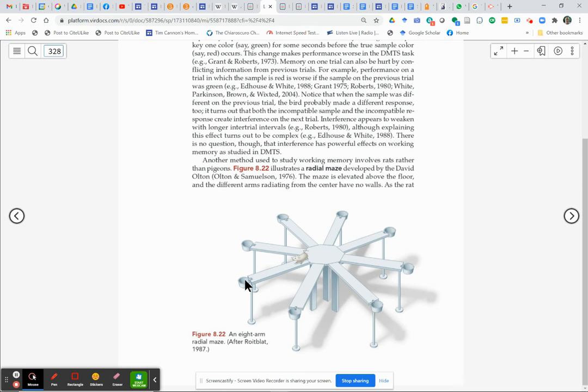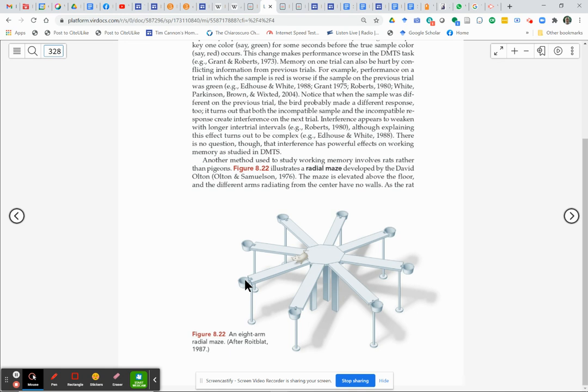Now, reference memory is: do you remember what happened yesterday, the day before, the week before? And that requires training. So we talk about arming certain legs in the radial arm maze, and consistently over trials, you always put food in those arms.